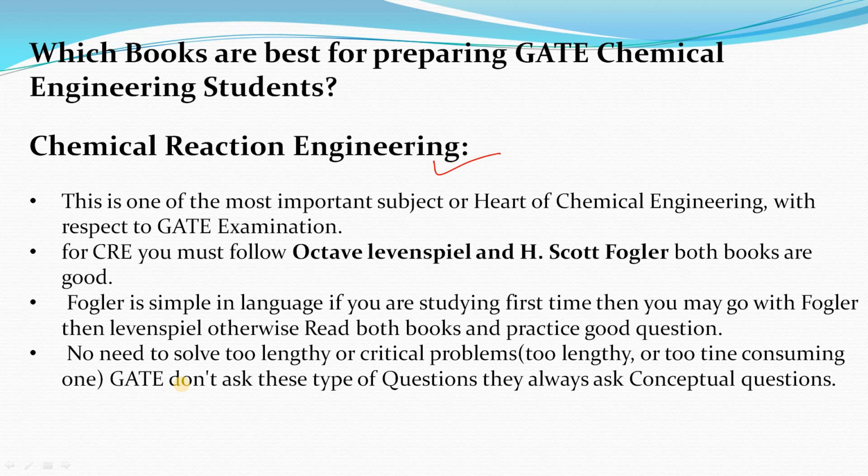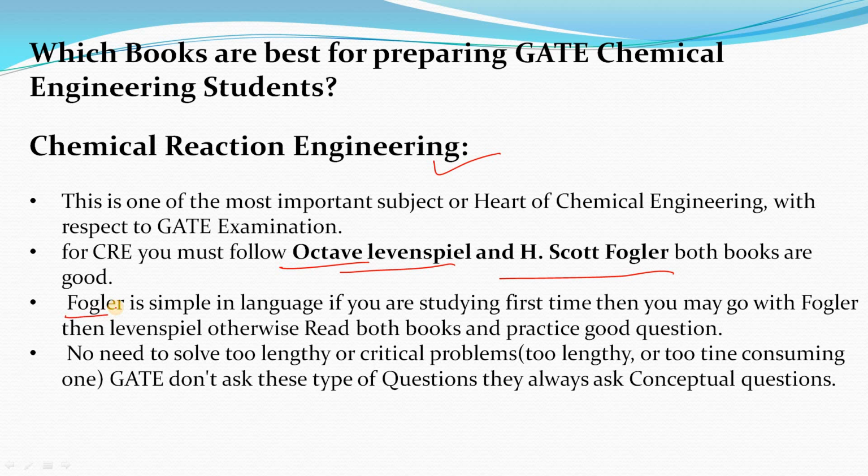There are two books which I would like to recommend for chemical reaction engineering. The first one is Octave Levenspiel and the second one is H. Scott Fogler. If I talk about Fogler, it is simple in language.